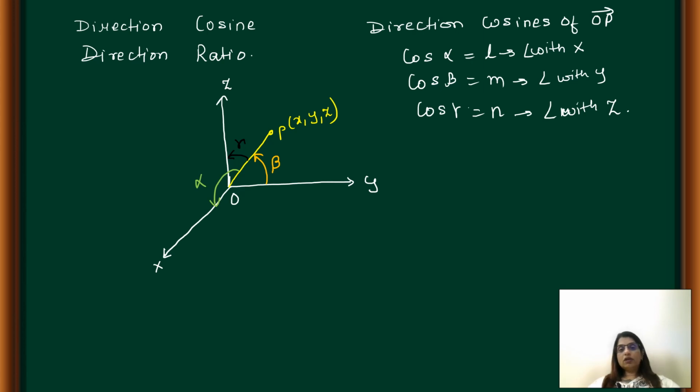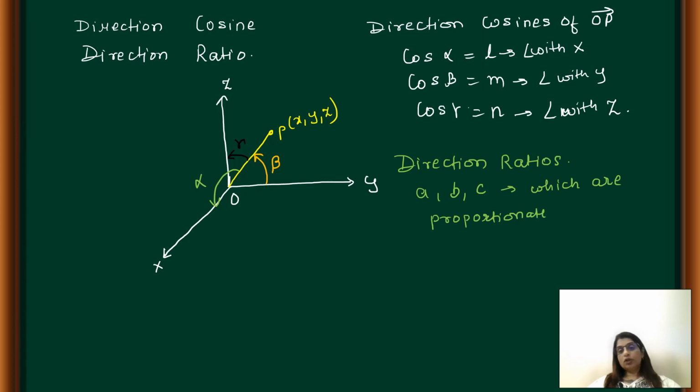Okay, what are direction ratios? Direction ratios we know are three numbers A, B, C, right, which are proportionate to L, M, and N. That means such that we can say L by A is equal to M by B is equal to N by C, correct?